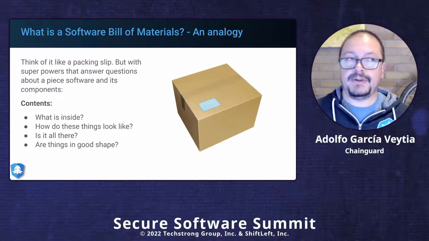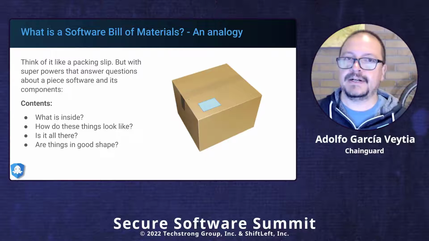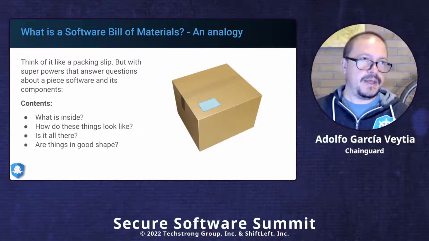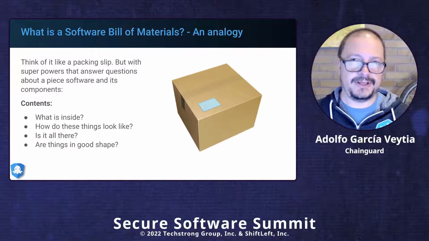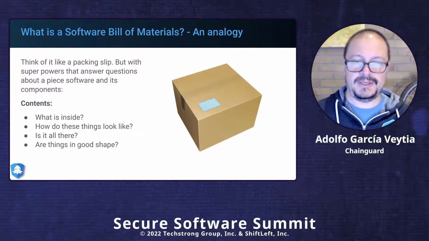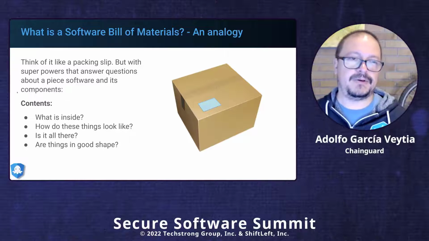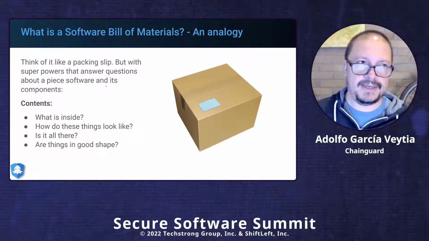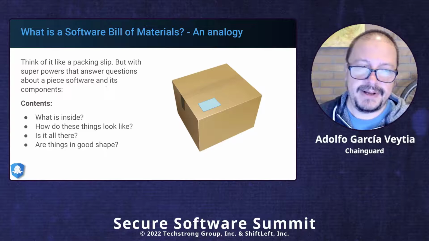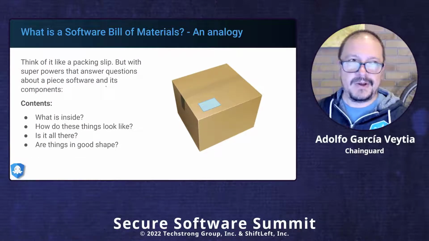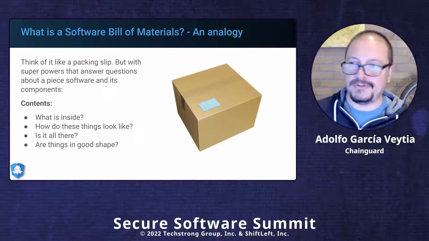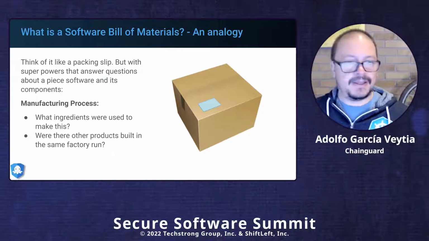And it also helps you determine if the things are in good shape. Did that vase that you ordered get in one piece, or is it supposed to be in multiple pieces? Did it get corrupted in any way? Or maybe if you order an expensive handbag somewhere, you don't want it to get replaced by a cheap knockoff on the way to you, right?